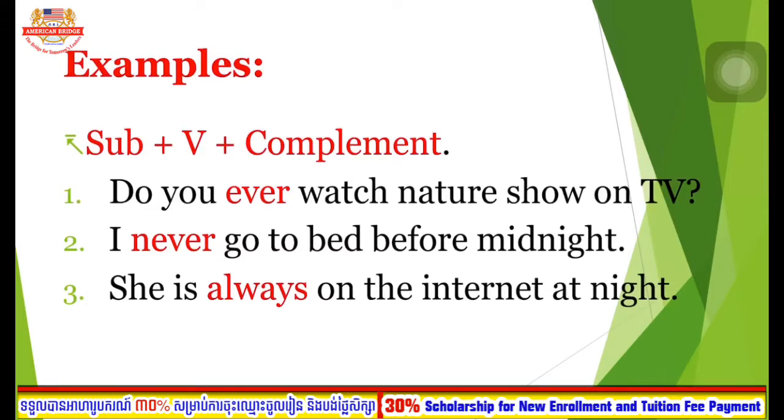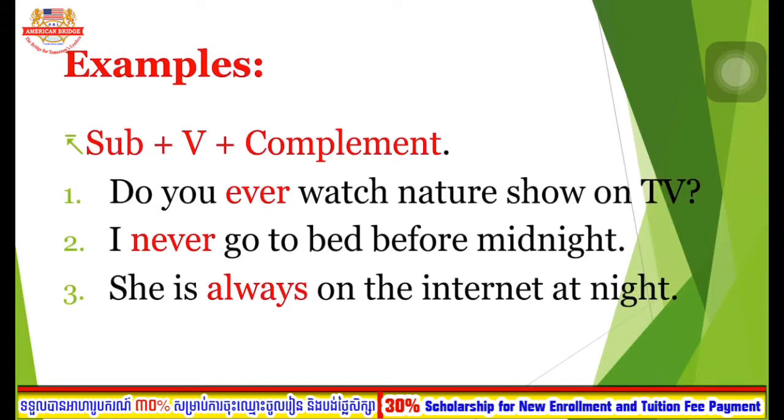Let's see. Number 1. Do you ever watch nature shows on TV? So ever over here is used in the question sentence, before the verb watch. Number 2. I never go to bed before midnight. Never over here is used before the verb go, and it is used in a positive sentence.